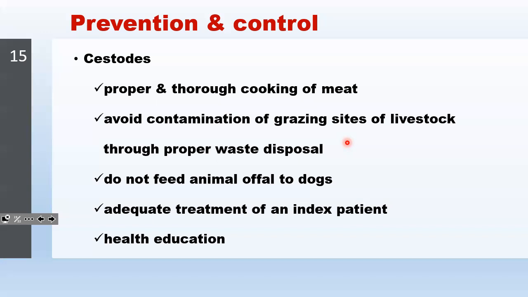So when we say offals, we are referring to internal organs such as liver, such as lungs. There should be adequate treatment of an index patient when you're dealing with Taenia species, because once you treat the index patient, he or she will stop shedding the eggs in the feces, okay? And there should be health education to discourage people from defecating in the environment.